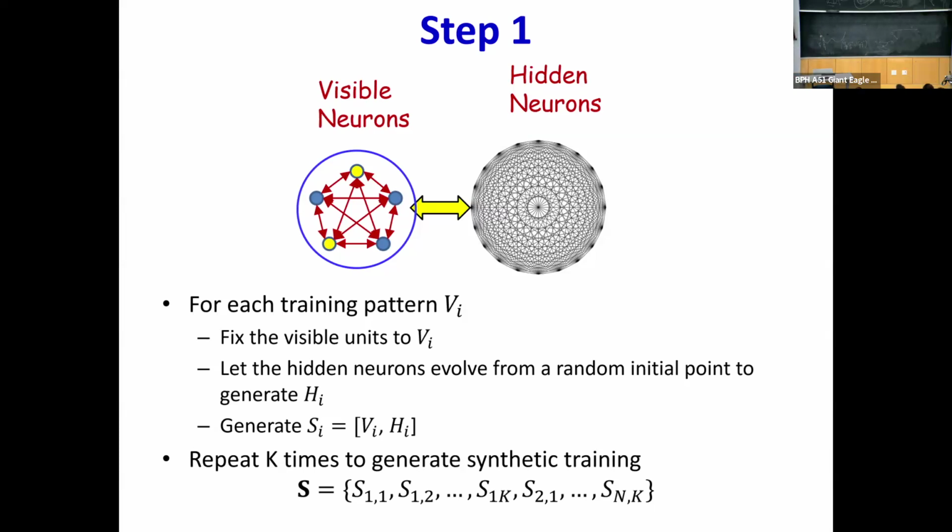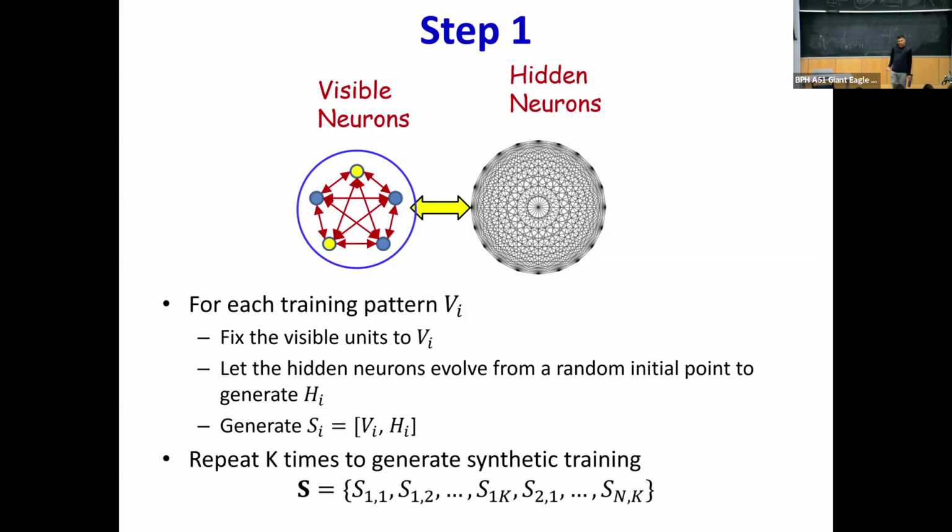Except now we have this issue that we don't really know the pattern. So we do something very interesting. We're going to try to construct these patterns. Observe that we have these patterns that we are trying to store, but the pattern has visible bits and hidden bits. So this might be some pattern that you're trying to store, and then you have all of these bits that you do not know.